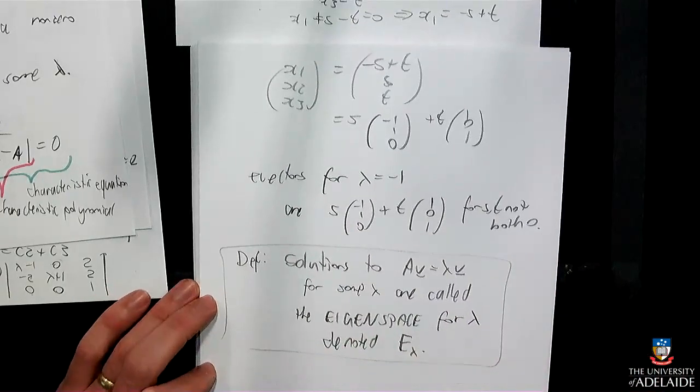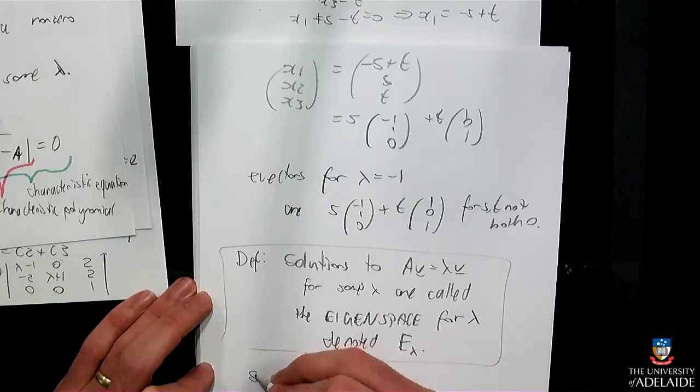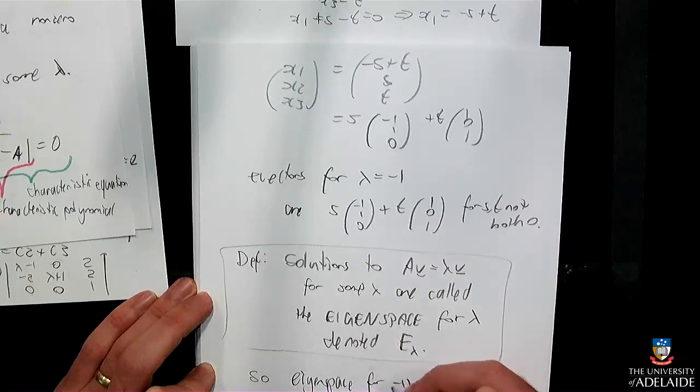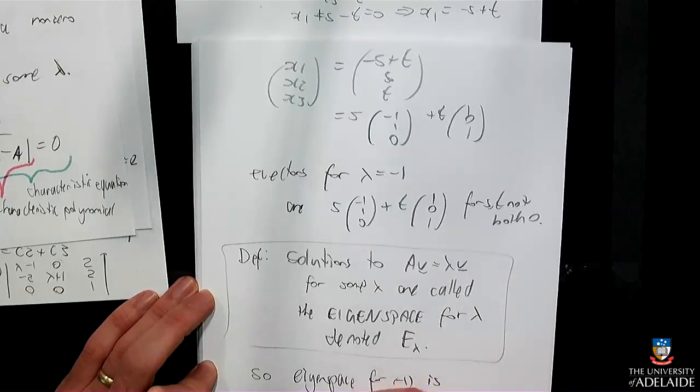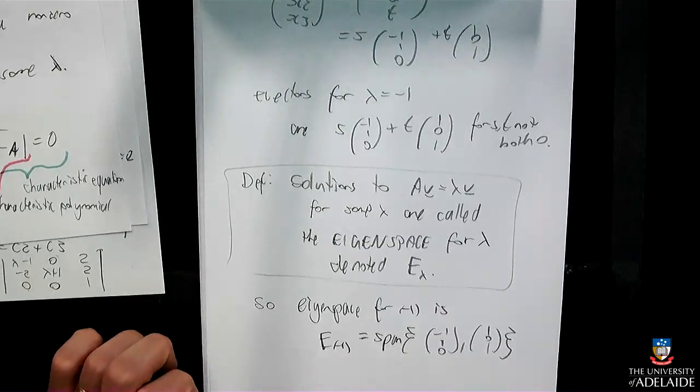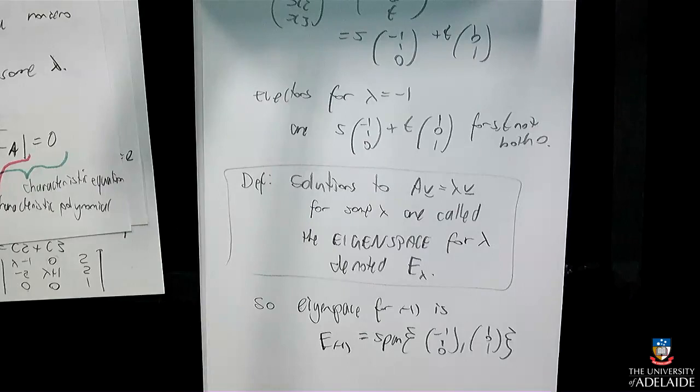So I could say here, the eigenspace for -1 is E -1, which is the span of these two vectors. So you're allowed to write it as a span if they wanted you to talk about eigenspaces and not eigenvectors.